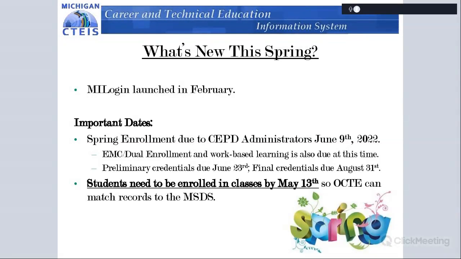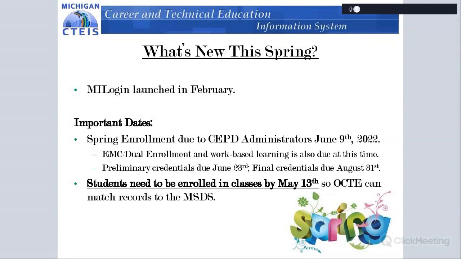So, what's new this spring? My Login launched in February. Some of you may have seen it and you're already signed up and logged in and good to go. But what is My Login? My Login is the state of Michigan's single sign-on software that would allow users to access the career and technical information system, or CTEIS.